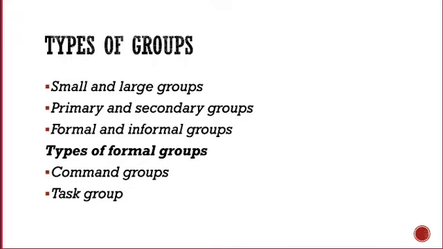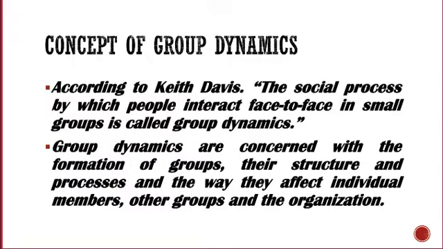Yes, sir. Okay. Now, the concept of group dynamics. Group dynamics is about how the groups are formed, what the structure of the groups is, and how people behave within the group. You can take the definition by Keith Davis: the social process by which people interact face to face in small groups is called group dynamics.